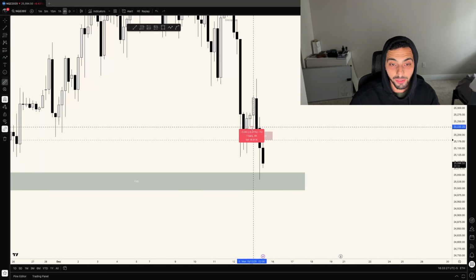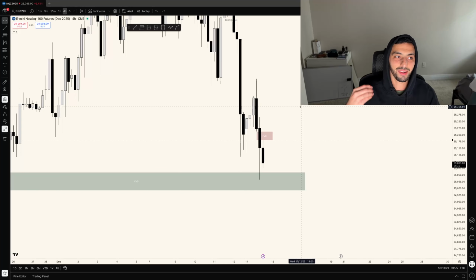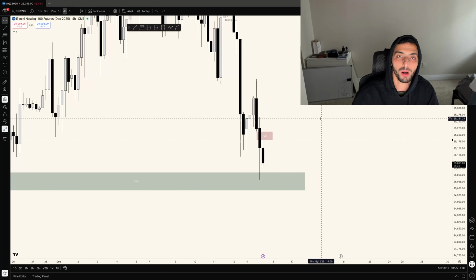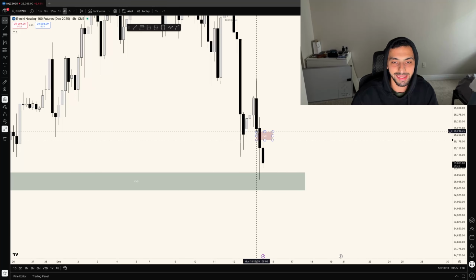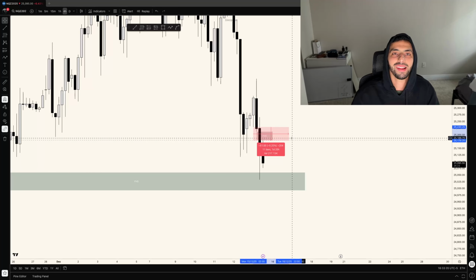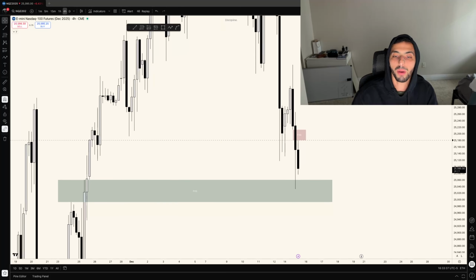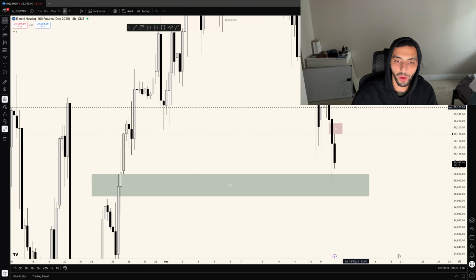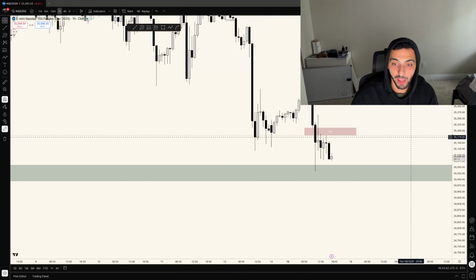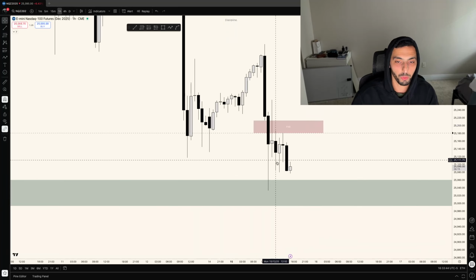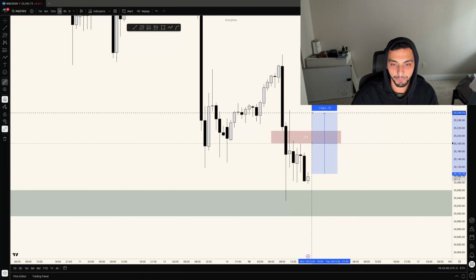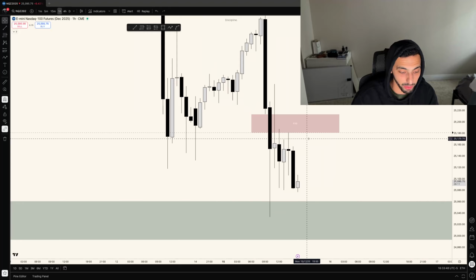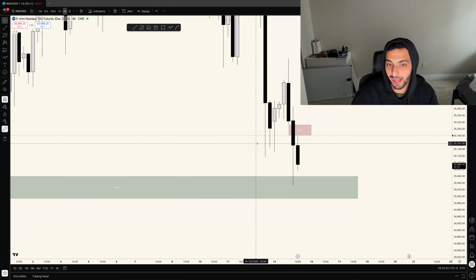All these fair value gaps, this high time frame 4-hour fair value gap, means that at this price point, price is not balanced. There's much more selling going on right now. And if you look down at the 1-hour, we don't have any other fair value gap. So this 4-hour fair value gap is my draw on liquidity.